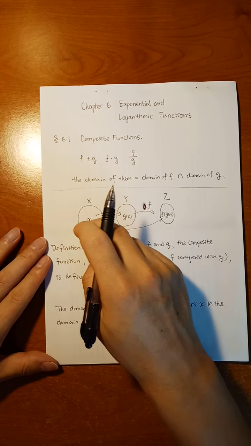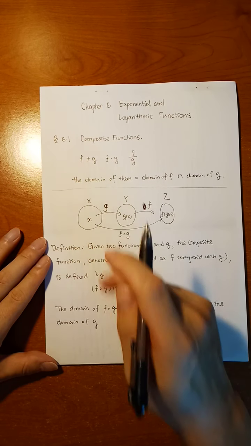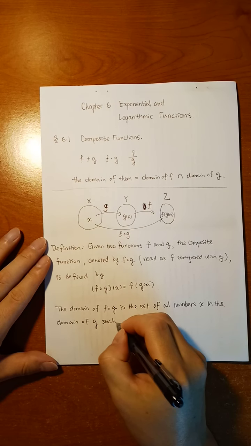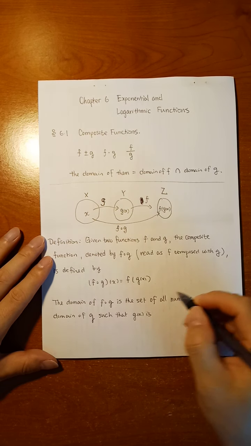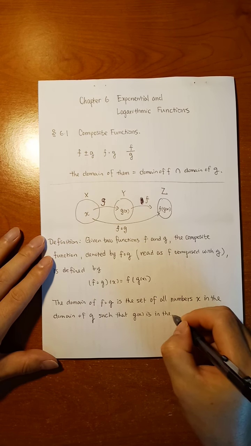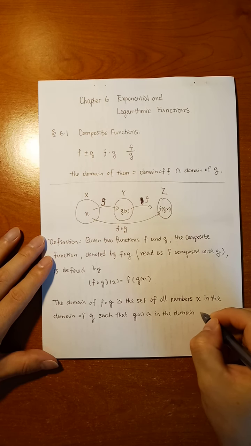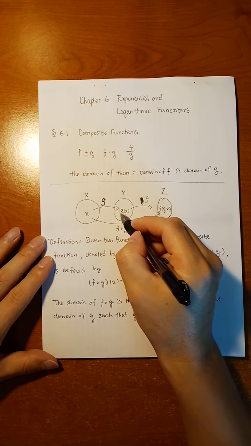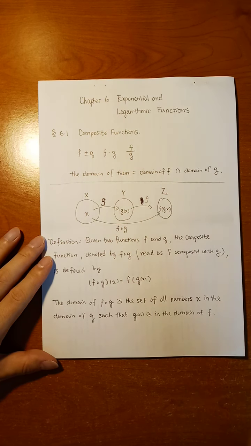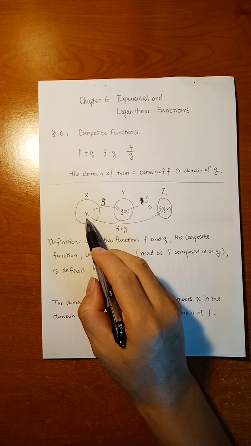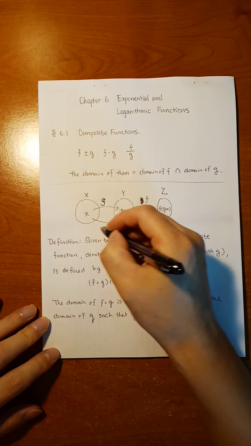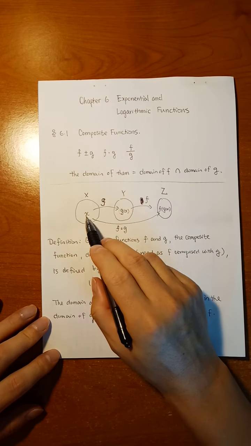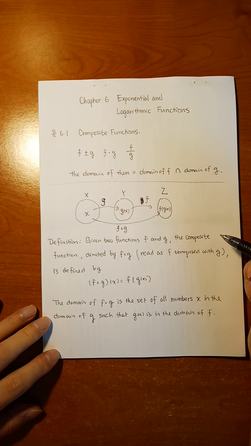First x has to come from this set, and such that g of x is in the domain of f. This result should be in the domain of the second function. So first x comes from here. Second, g of x is in the proper domain of f. This gives us the domain of f composed with g. It has to make both functions well defined.